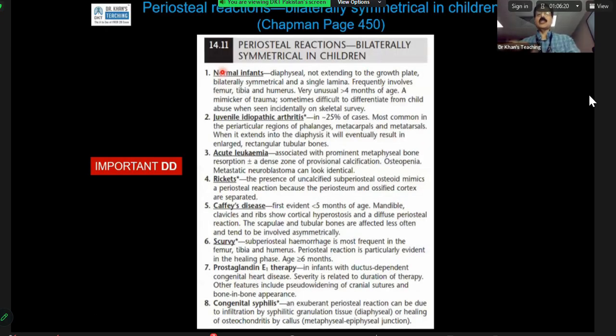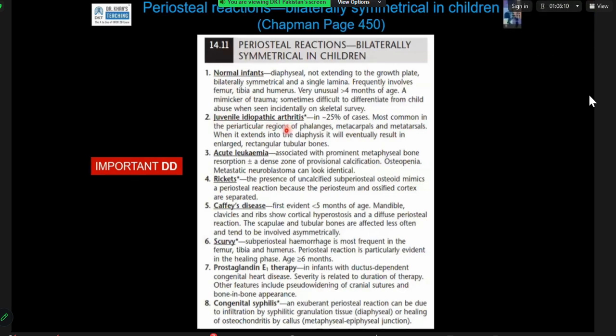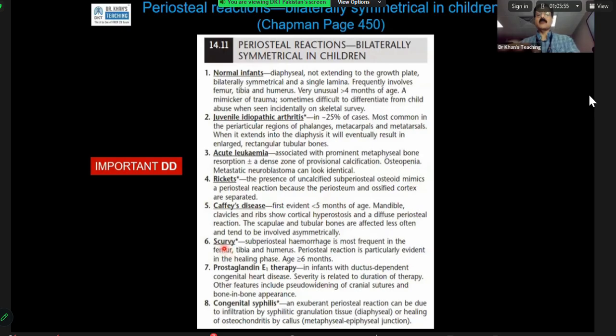Now, if you just consider age, JIA, does it happen in this age group? No, sir. Acute leukemia? No, sir. Rickets? No, sir. Caffey's disease can happen, sir, but it won't be bilateral in less than 5 months.